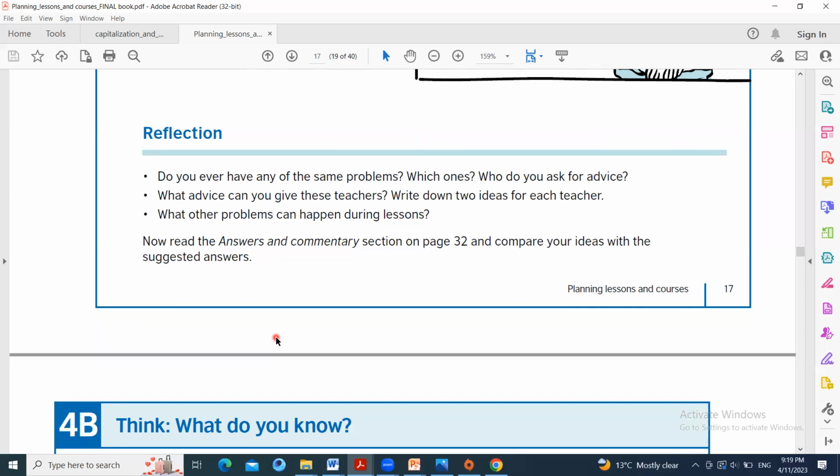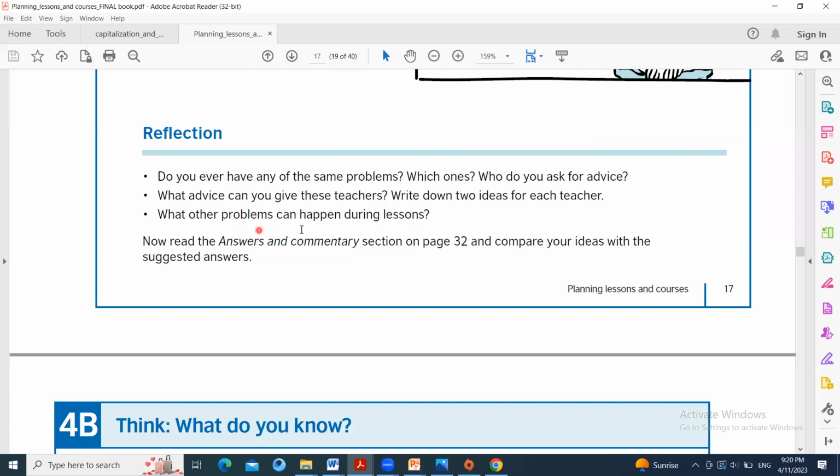What advice can you give these teachers? If you have some type of advice, more advice, you can write them down. Write down 2 ideas for each teacher. This is a work that can be an assignment.